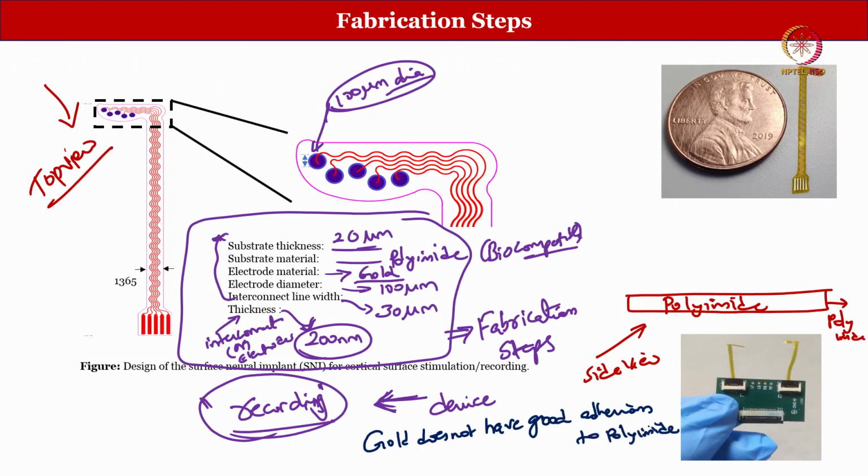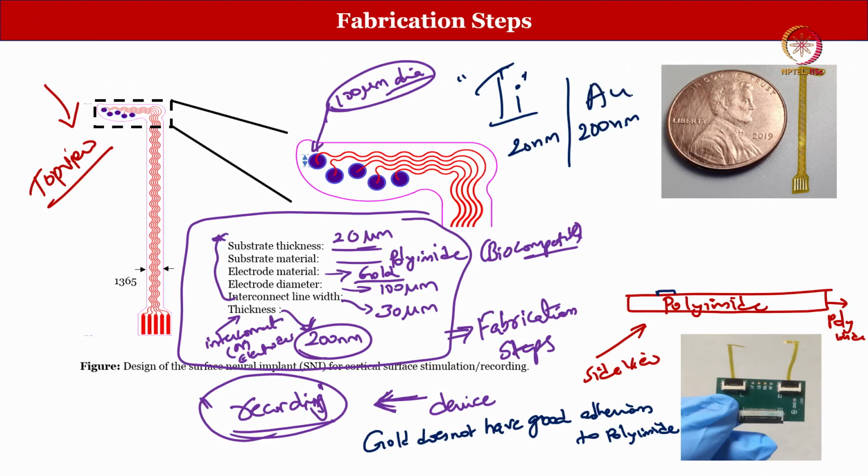So, we use an intermediate material called titanium, Ti. First we will have titanium, let us say 20 nanometer thick, followed by 200 nanometer gold.